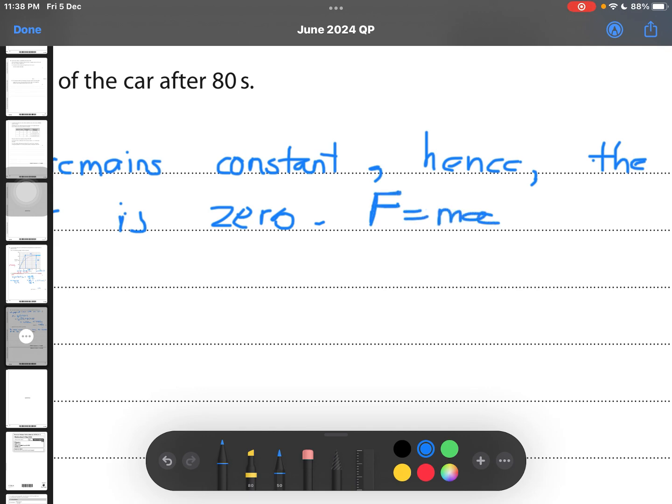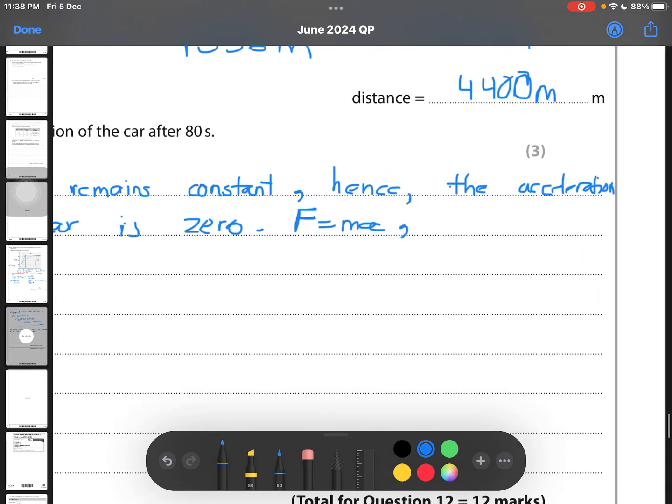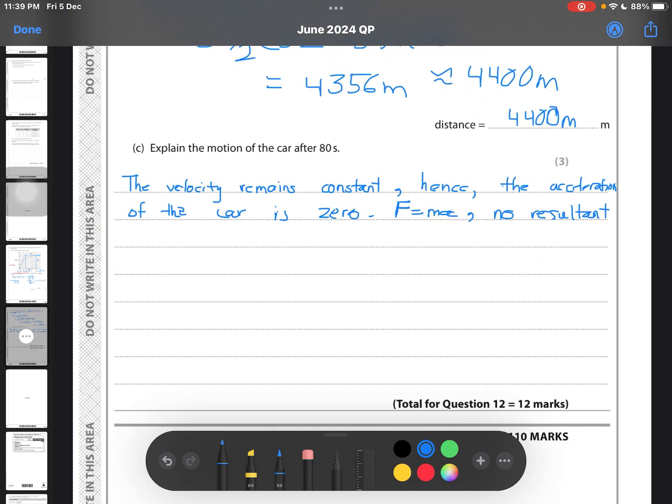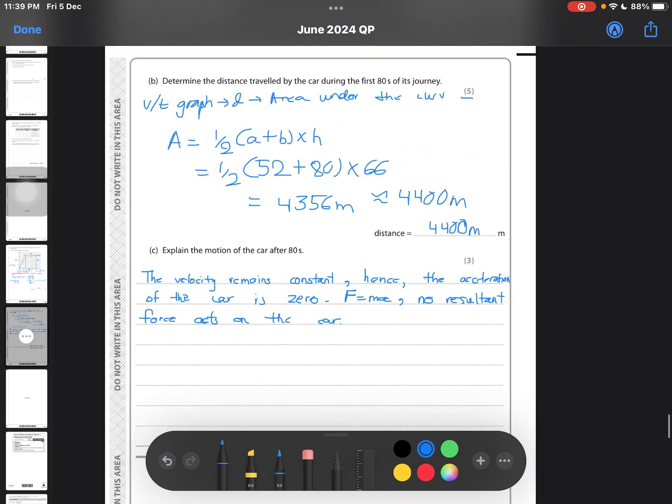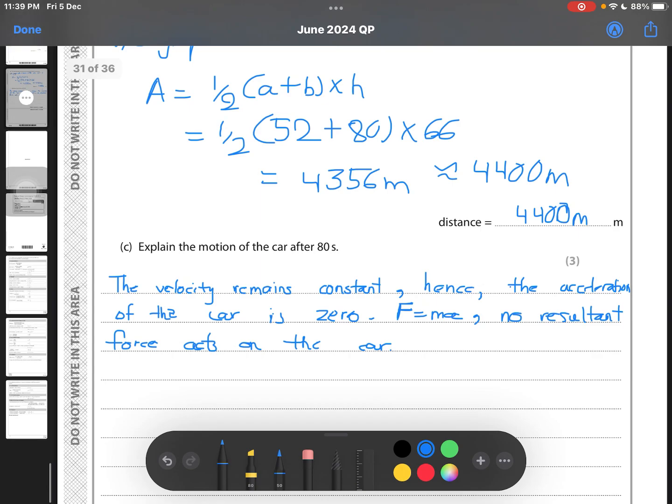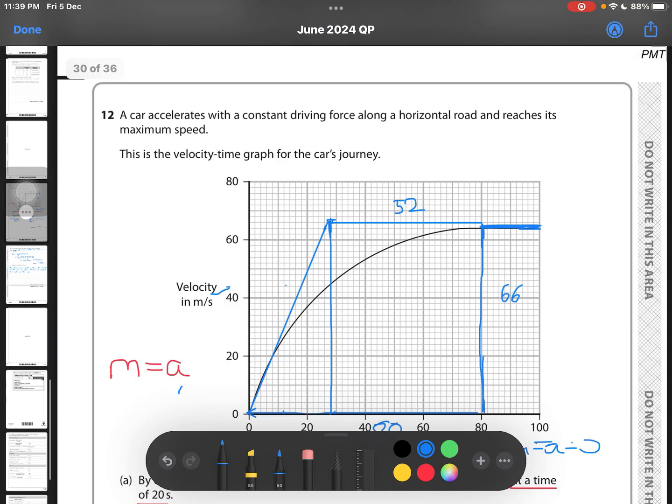F is equal to ma. So no resultant force acts on the car. Okay? So that is our question number 12.